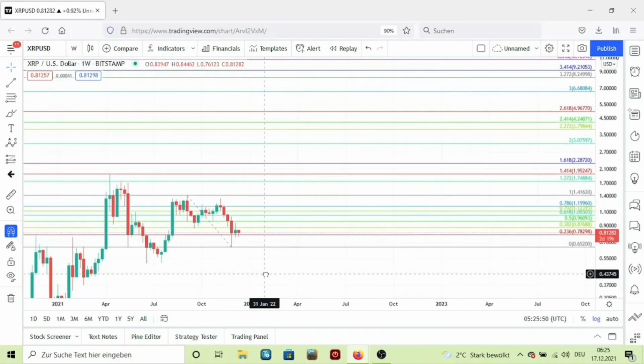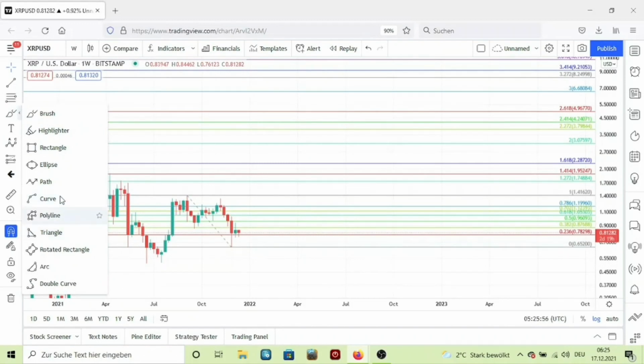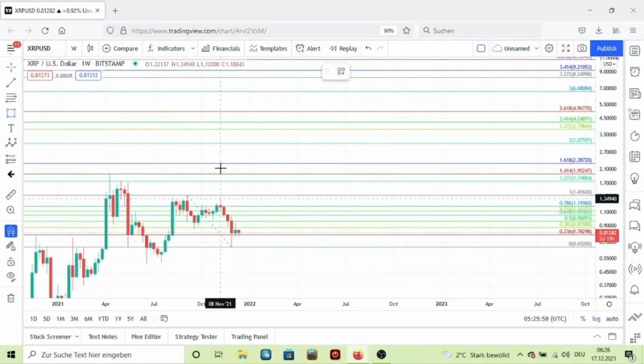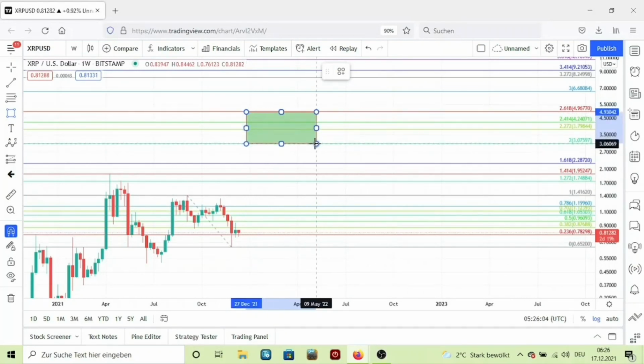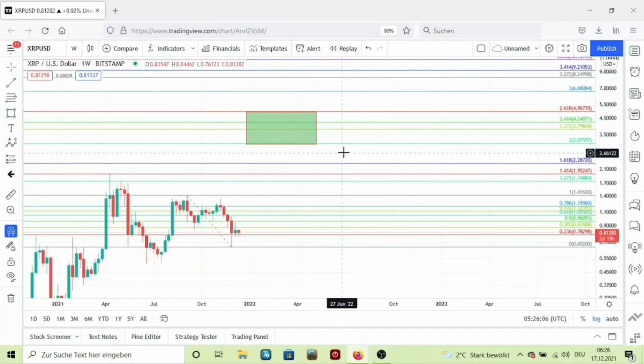So if we assume that, we know that the next move up would be 3 of 3 of 3, and that move is expected to touch right here. So between $3 and $5, that's our target range, if the bottom is in here.